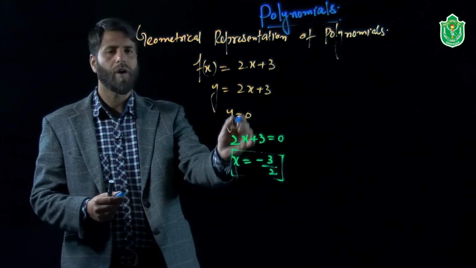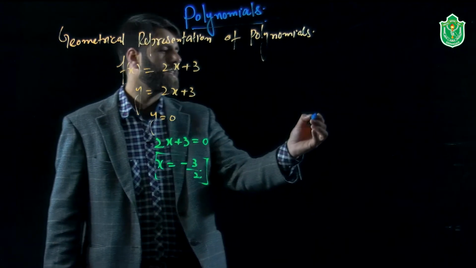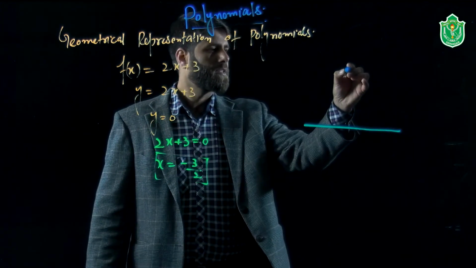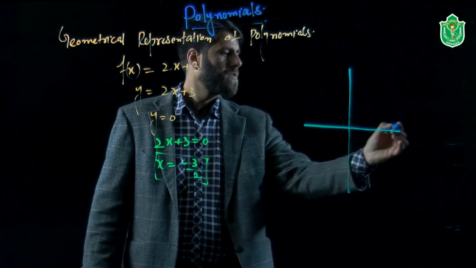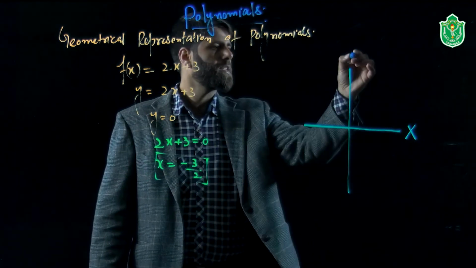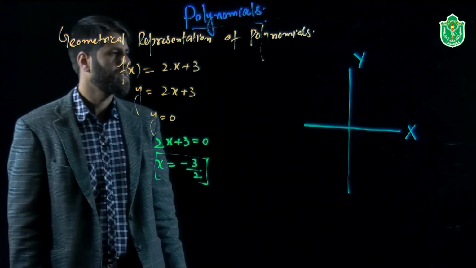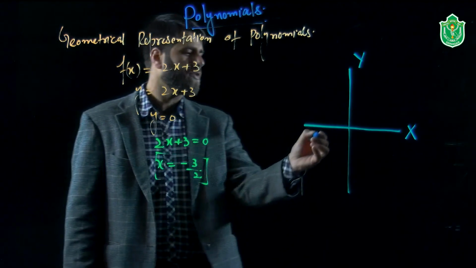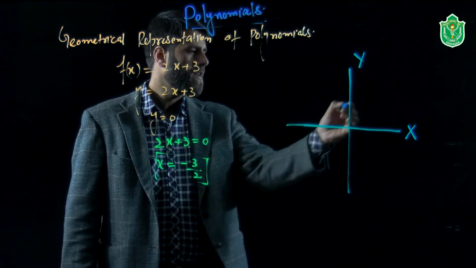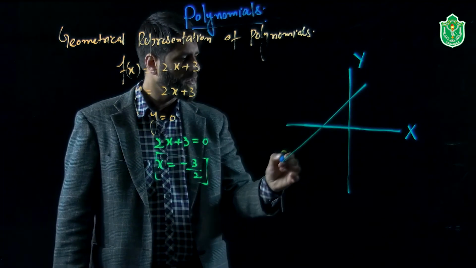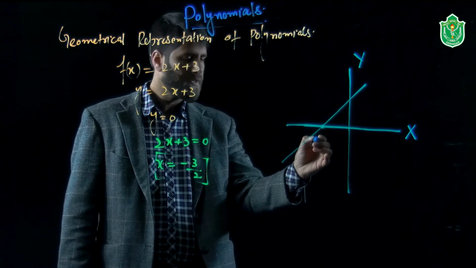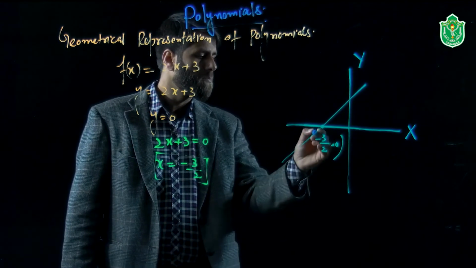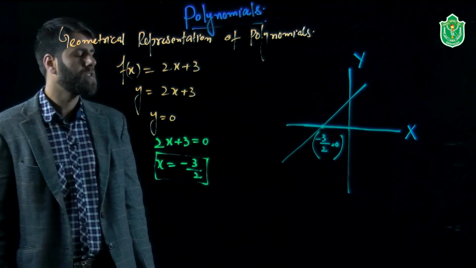If we plot this point on the graph, that is on the x-axis, we get like this. So this is the x-axis and this is the y-axis. If we plot y is equal to 0 and x is equal to minus 3 by 2, it will intersect the line like this. It will be the point minus 3 divided by 2 comma 0 because the value of y is 0.